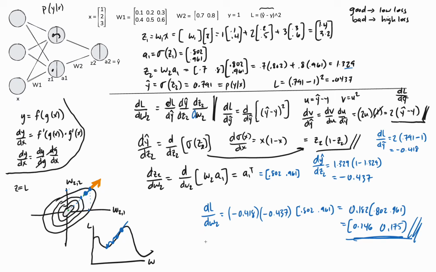And I think it's going to be W2 equals W2 minus some learning rate times the gradient.